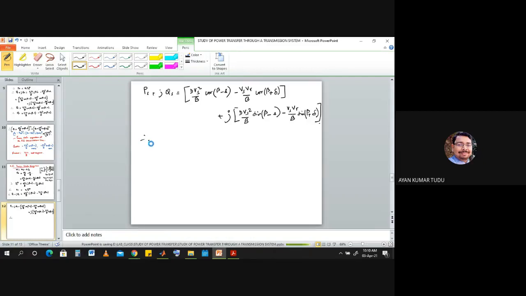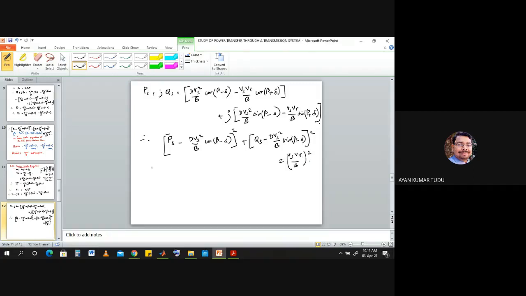Okay. So what would be the equation for the sending end then? We can write it in this way. It would be PS minus dVs square by B cos of beta minus delta whole square plus QS minus dVs square by B sine of beta minus delta whole square equal to Vs VR by B whole square.